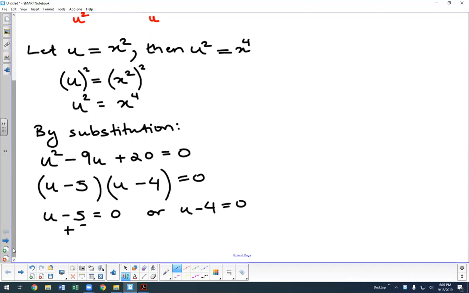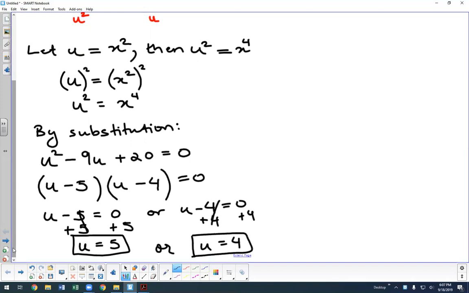So we add the 5, and you get u equals 5 from here, and what will we get here? But obviously we are still working only in terms of u at this point. We were originally with x terms, so we will need to go back and bring that x term in.